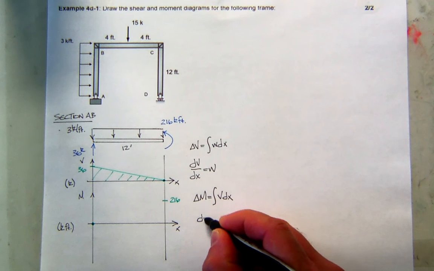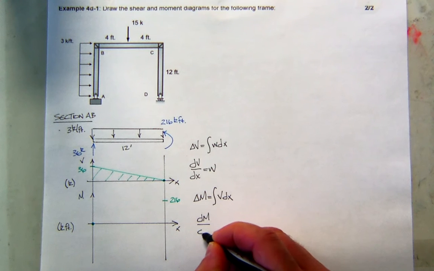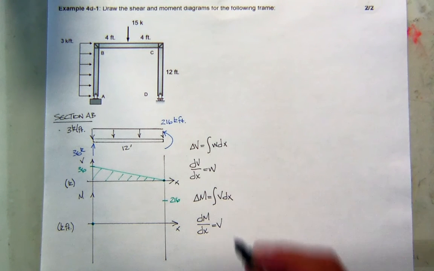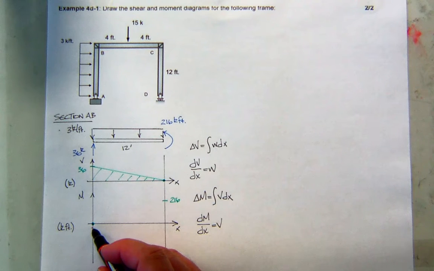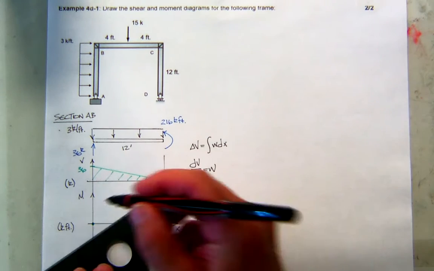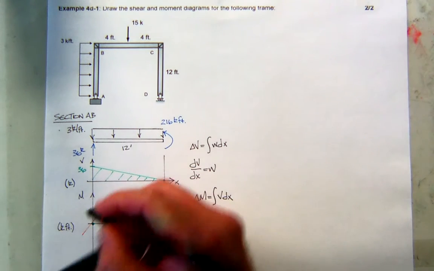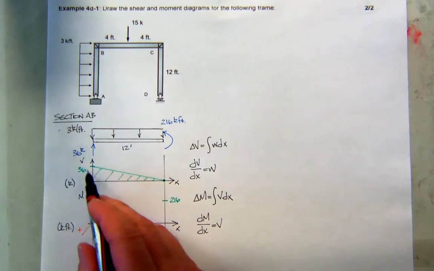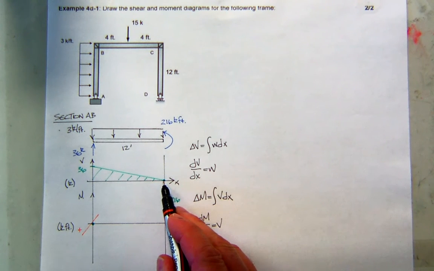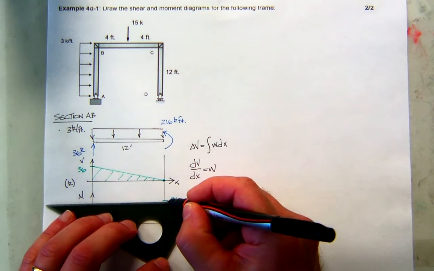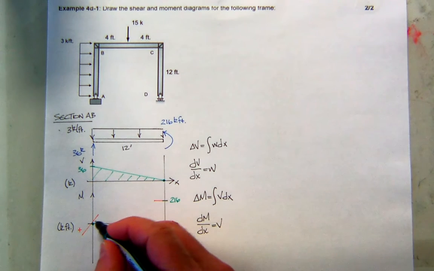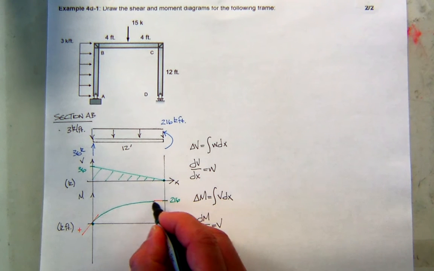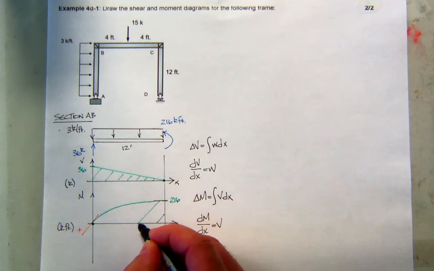And I know the slope of the moment diagram is equal to the shear. So the shear at this point is positive 36, so I've got a positive slope. And it decreases to 0. So there's my 0 slope. So all I have to do is kind of sketch in that shape. And there's my moment diagram.